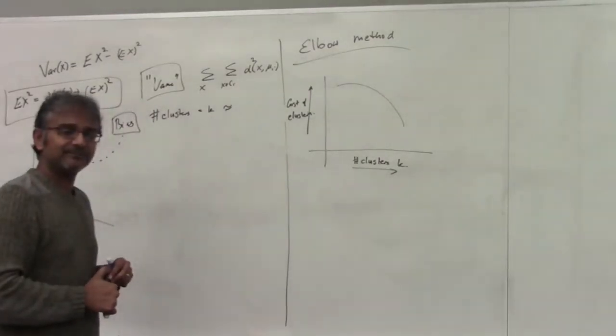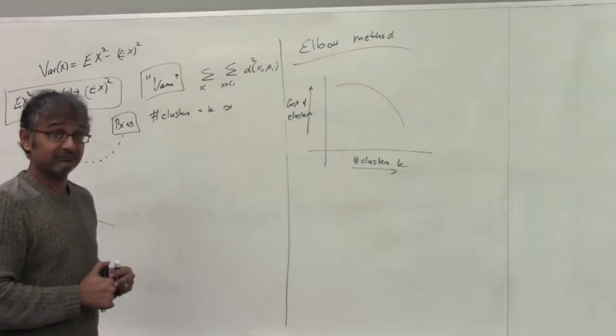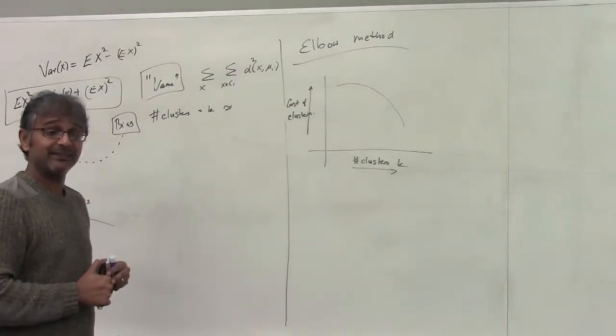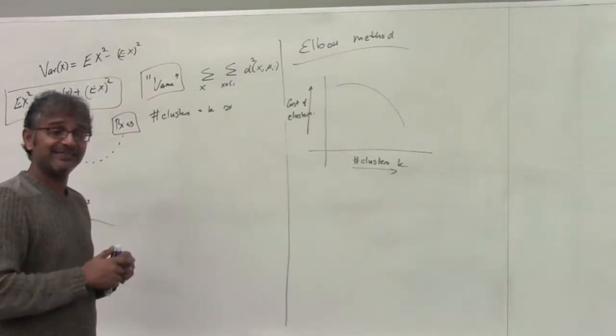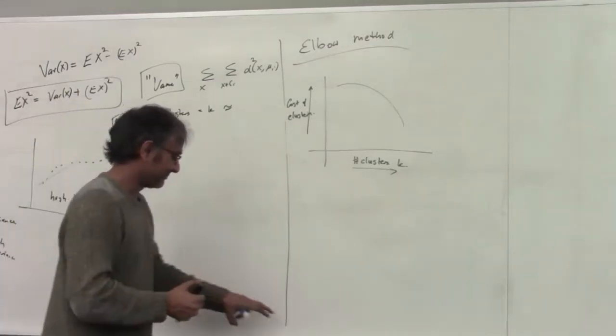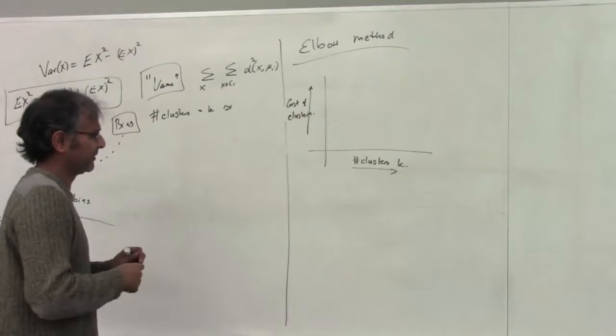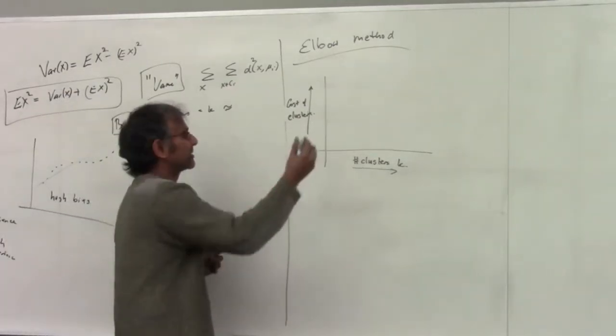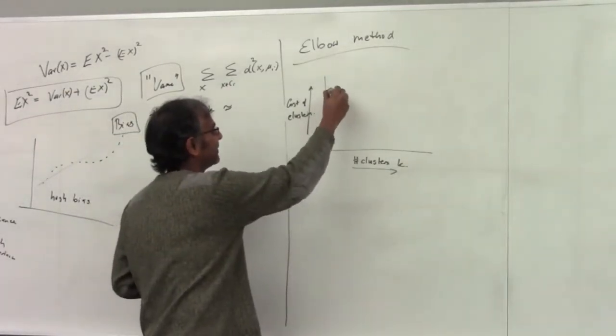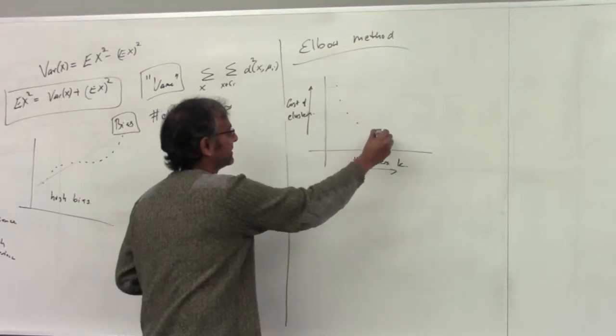I know how the curve looks like. How does the curve look like? Does it look like that? No. What does it look like? What's such a curve called? I mean, the convex. So what generally happens, and for many problems you can prove that this is true in fact, is you're going to see some kind of convex curve, or at least a discretely convex curve. You're going to see points that look like this.